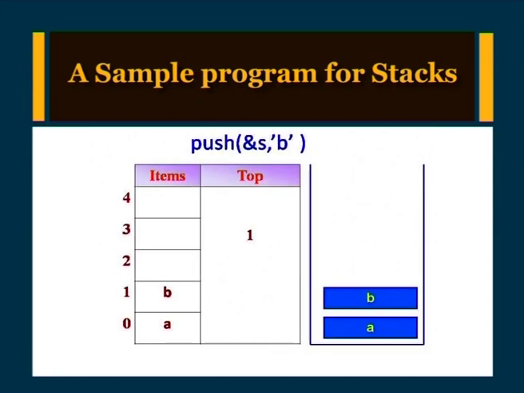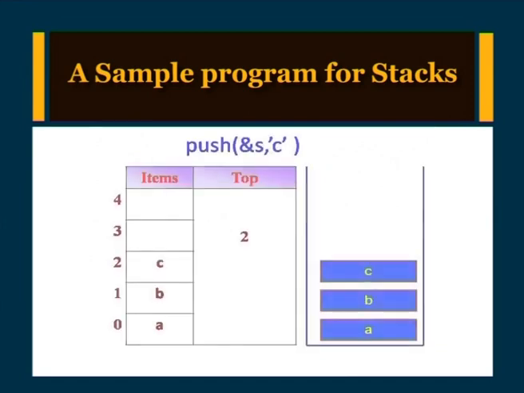The next call to push increments top to 1 and stores B at index 1. The third call to push increments top to 2 and stores C at index 2.